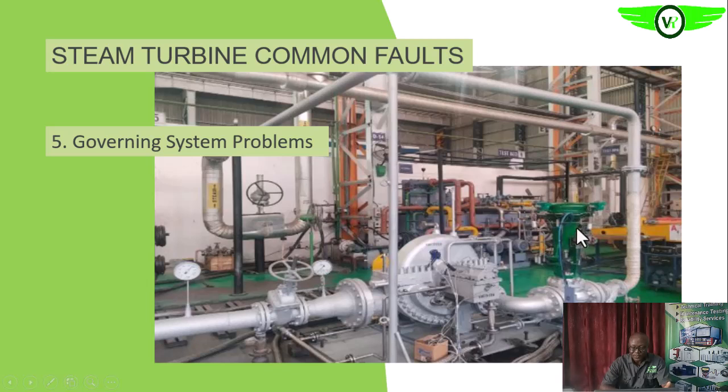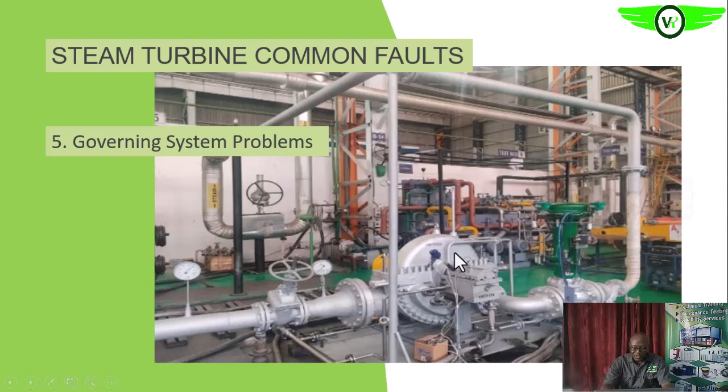This is the stop valve, this is the steam inlet, and this is the discharge of the steam. As you can see, the governor's function is to regulate the amount of steam going into the steam turbine. So there could be problems associated with the operations of this governor that can affect the overall operations of the steam turbine.